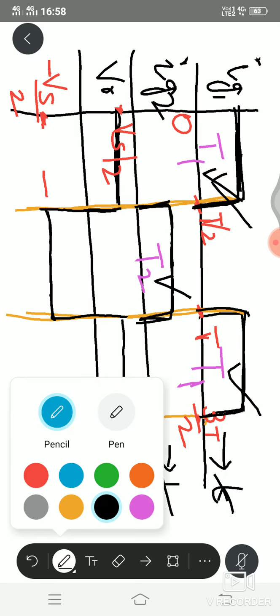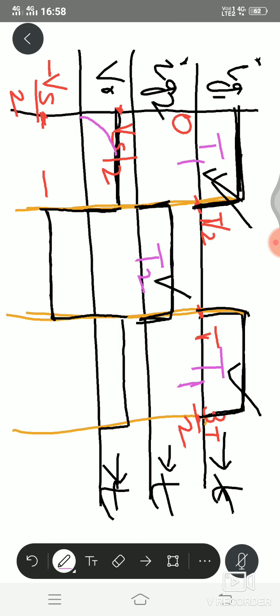But still, if you find out the instantaneous output in Fourier series, you will find that this waveform is nothing but a waveform which has an AC inside it. Actually, the fundamental waveform is what I am showing with the help of a pink line.